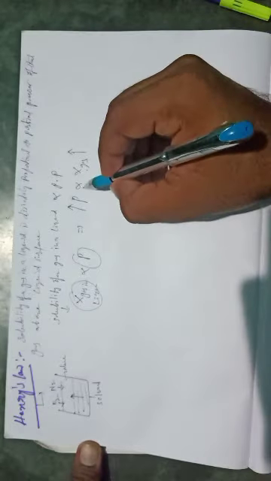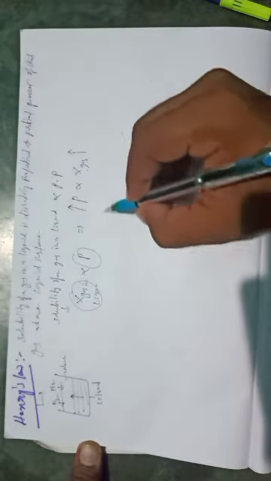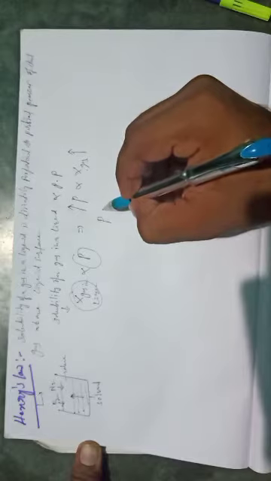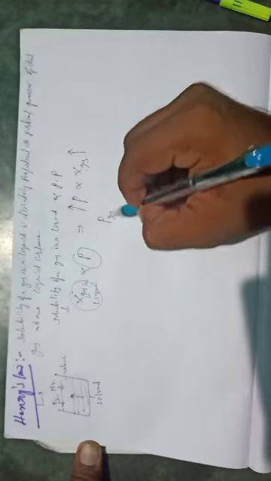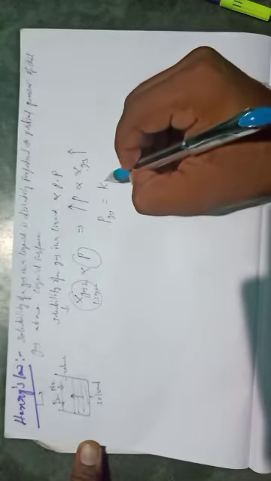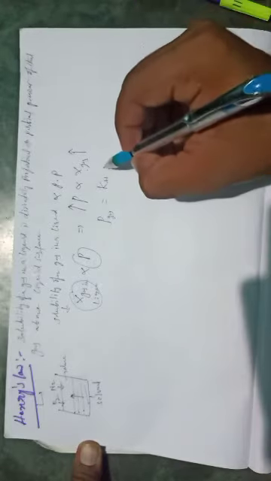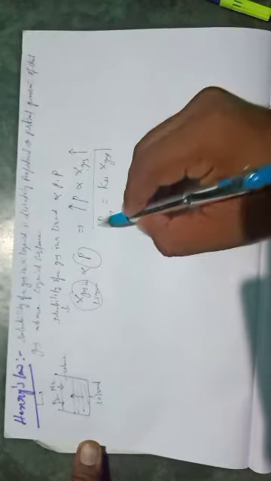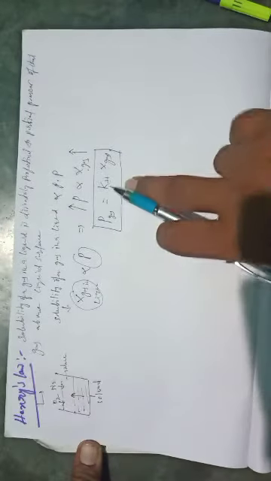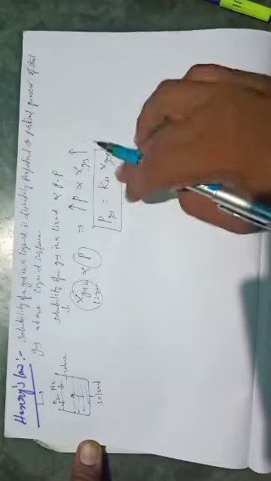So the partial pressure of the gas equals kH times the solubility of the gas. That is the basic principle of Henry's law, the formula of Henry's law.